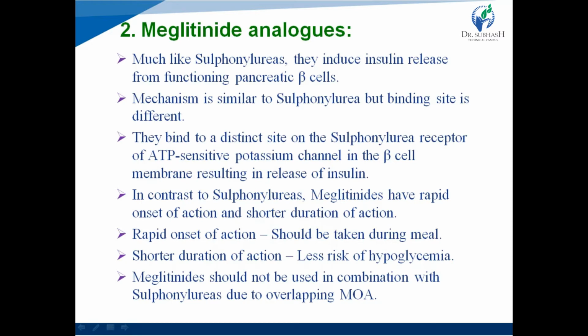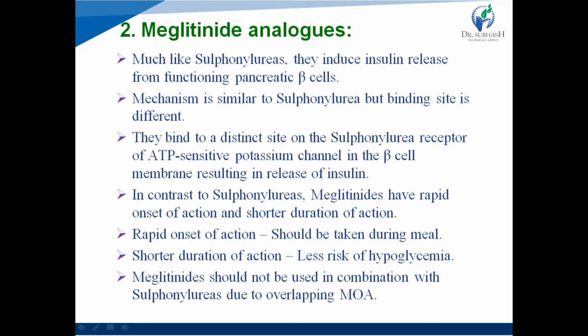The second class is meglitinide analogues. This is also a class of insulin secretagogues, meaning it also enhances secretion of insulin like sulfonylurea. Meglitinide has actions much similar to sulfonylurea, meaning it also acts on pancreatic beta cells and enhances the release of insulin from the beta cell.